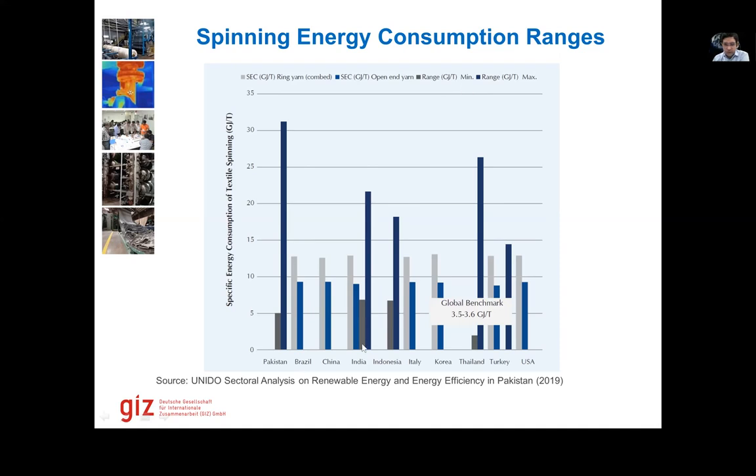In this case, you can see India also has a big variation. Indonesia, Thailand also have very big variation. For some countries, we do not have the minimum or maximum values, but we have values for a specific kind of yarn. So these are different benchmarks available, generally with the lowest values ranging between 3.5 to 3.6, but you can see these are hardly comparable because we don't know which variables they used.